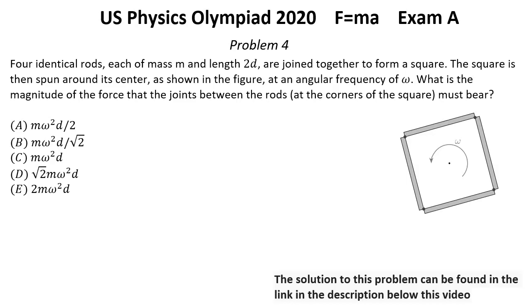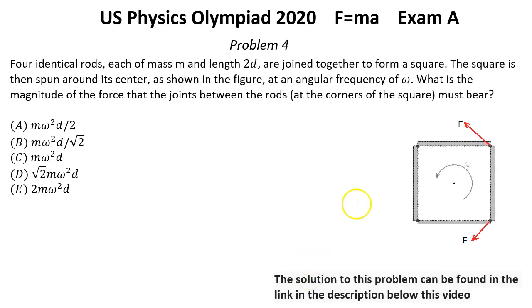Consider the rightmost rod and consider an arbitrary point dy on this rod, as in the presented diagram. The centripetal acceleration at that point is given by the formula: the acceleration vector equals negative omega squared times the radius vector for this point, which in other form is negative omega squared d on axis x and y on axis y.